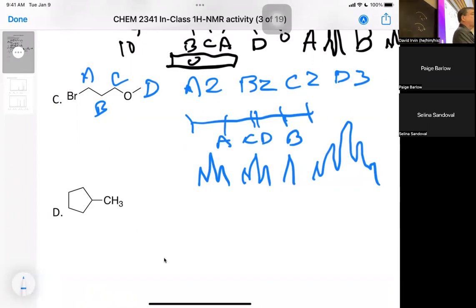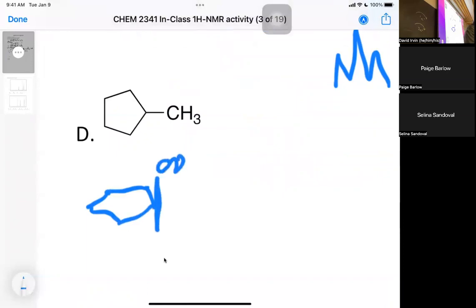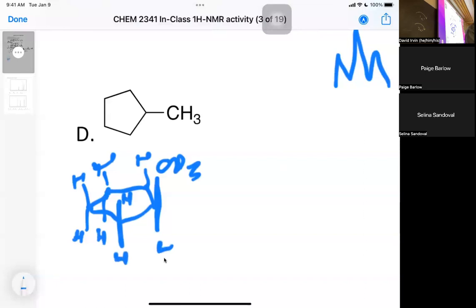Now, the one that hopefully everybody got right, but we're going to start by redrawing this. All right. How many signals do we have when we redraw it?